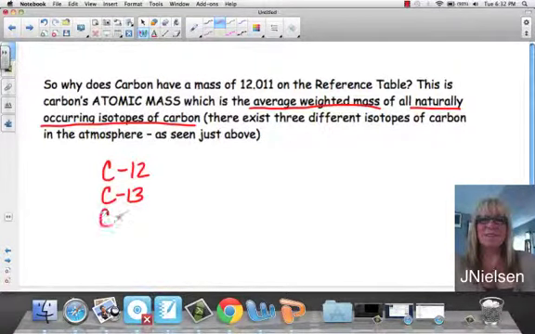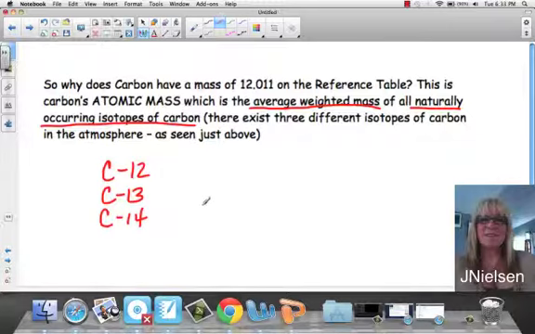carbon-13, and carbon-14. Well, you might be thinking to yourself, if it's just the average, then I add up 12, 13, 14, divide by 3, and I get the average mass. That's not how it works. That would be correct if we were just averaging a set of numbers in math. But in science, these isotopes are present in varying abundances in the atmosphere.